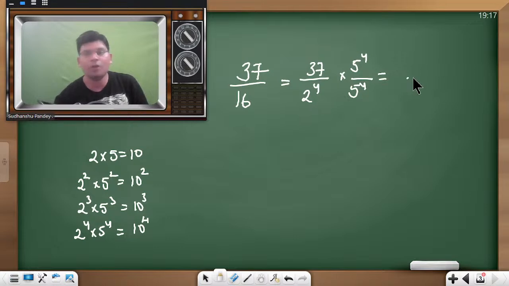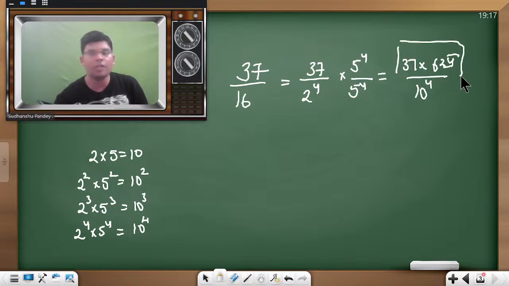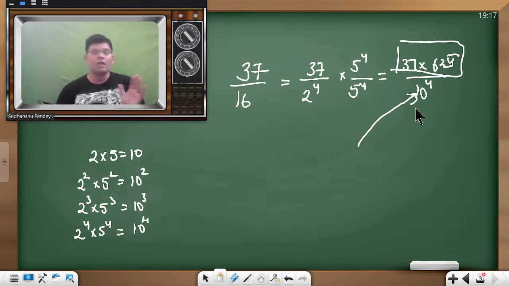So below will come 10 to the power 4, and upside will come 37 into, what is 5 to the power 4? 625. I don't care about the numerator, but when I see the denominator is 10 to the power 4, I am sure that this kind of decimal is a terminating decimal. Everybody is clear on that?